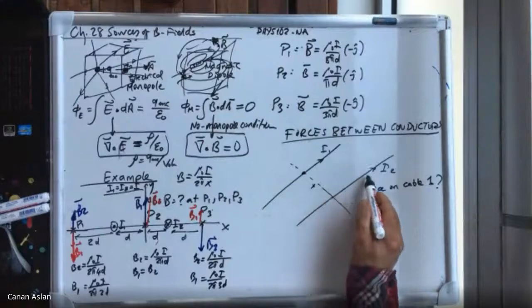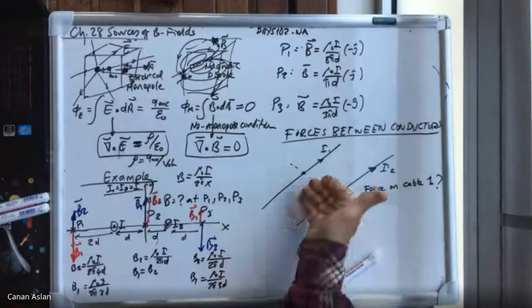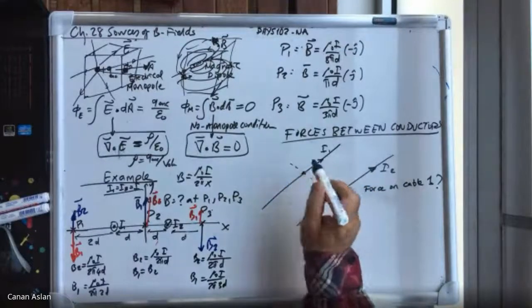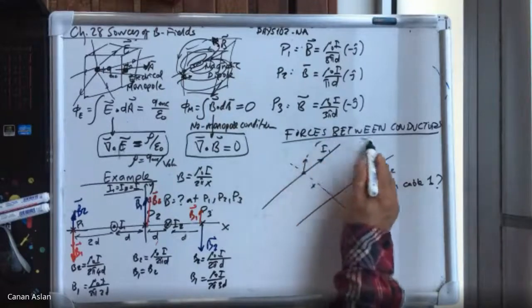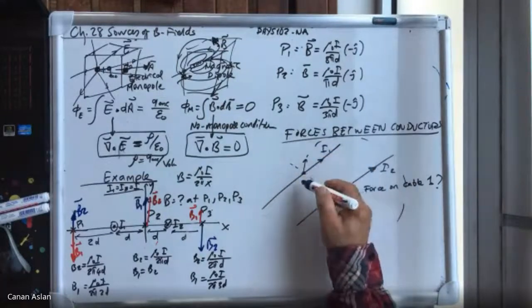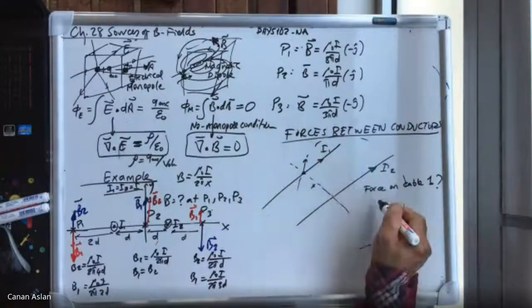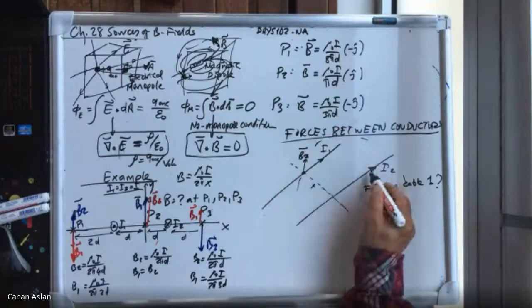Now, as you see, if the current is passing through this way, the magnetic field will be in the upper direction due to this. So this is B2. B2 is due to I2.